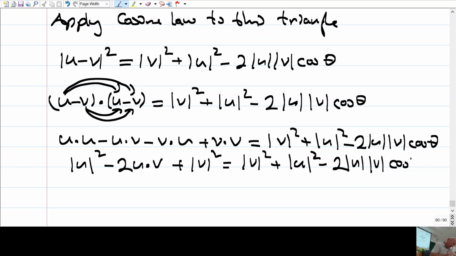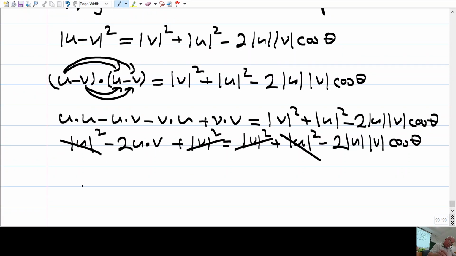And if you multiply both sides by minus 1 over 2, you get u dot v equals length of u times length of v times cosine theta.